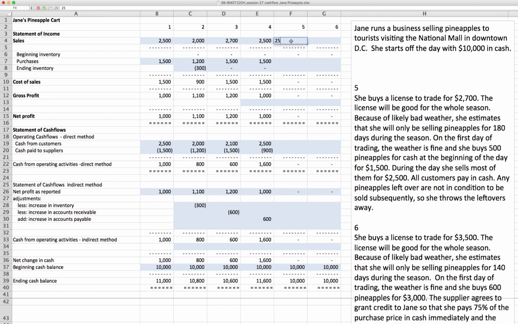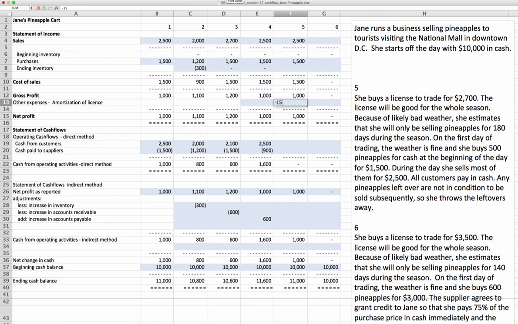$2,500. Again, no beginning inventory, no ending inventory, but there were purchases of $1,500. And so cost of sales is $1,500, gross profit is $1,000. But now we know that from this gross profit we're going to have to subtract the amortization of the license, and the amortization of the license is, we just said, the $2,700 divided by 180 days, so $15 per day.